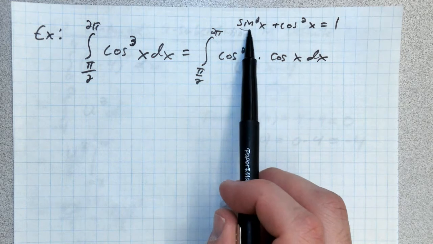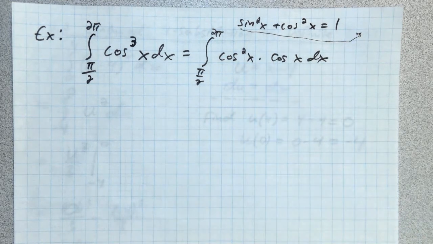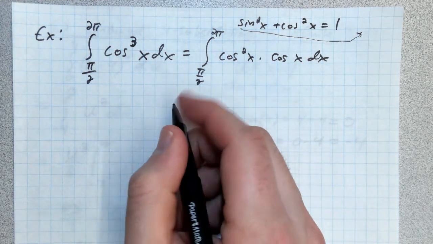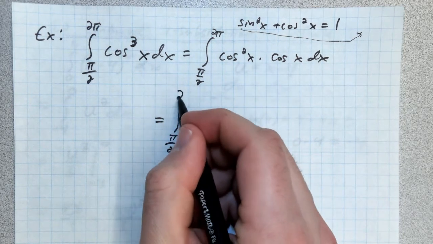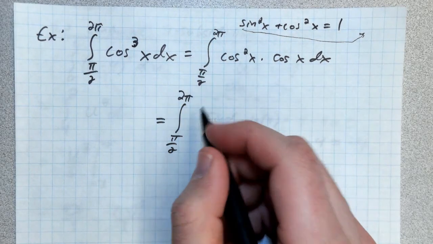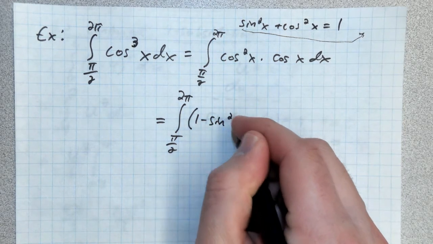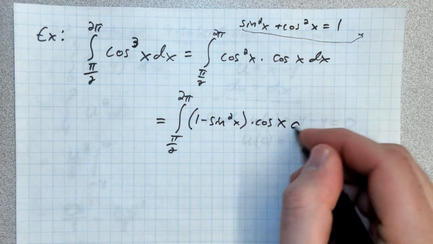In other words, I'm going to move this sine squared over to the other side of this equation. It's still an identity. So I get this: the integral from pi over 2 to 2 pi of 1 minus sine squared times cosine of x dx.